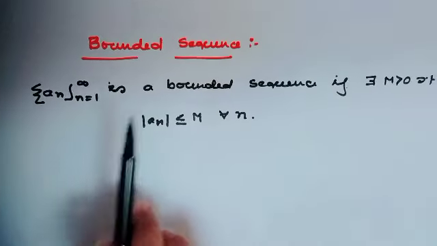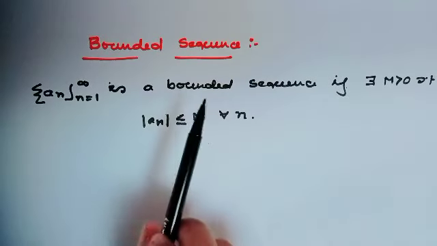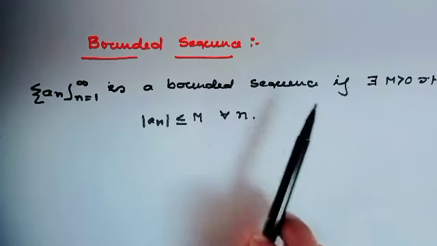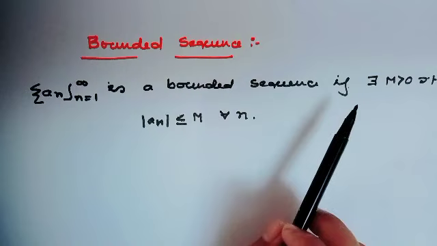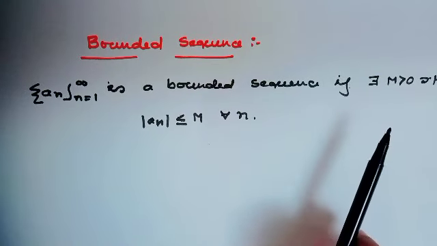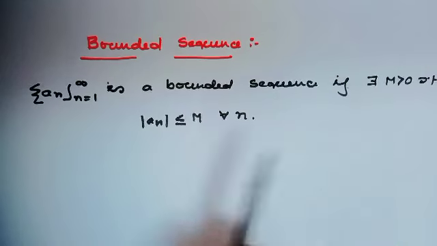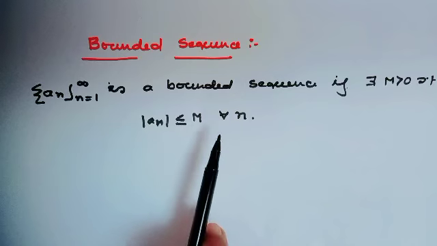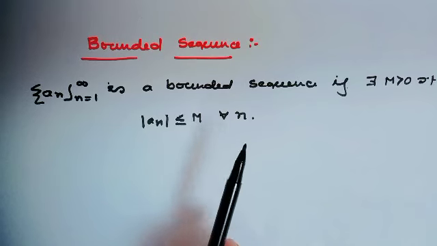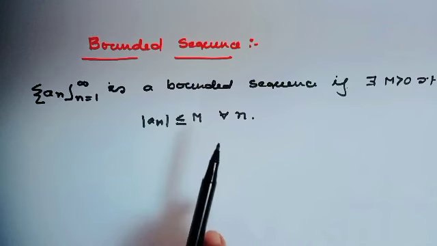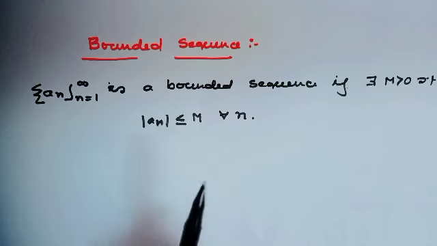Okay. My next proposition is about a bounded sequence. A sequence a_n is a bounded sequence if there exists a positive number m such that the absolute value of a_n is less than or equal to m for all n. That means each term of the sequence is less than or equal to m.